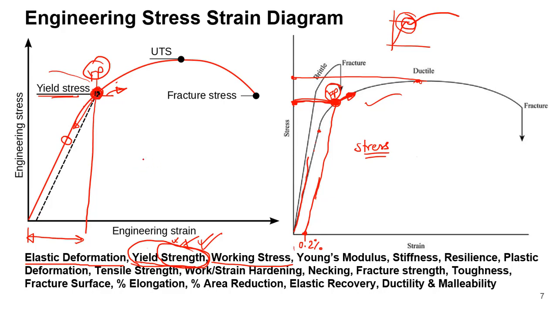So to avoid failure, for the design of a component we consider the yield strength value and divide it by some factor of safety, which is a quantity greater than one, so that this quantity is less than the yield strength.